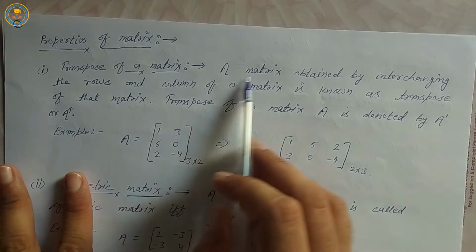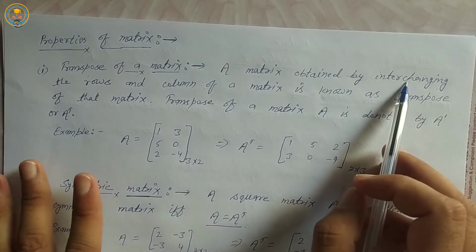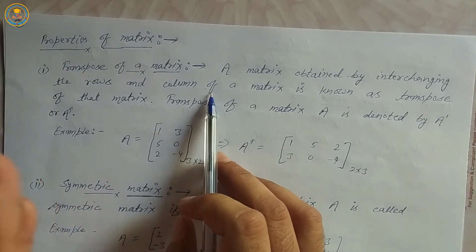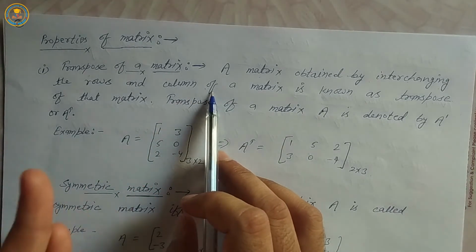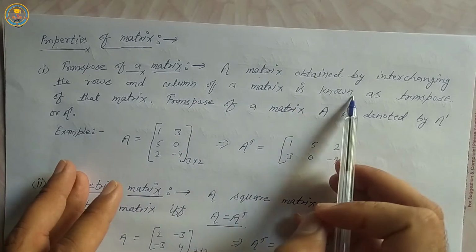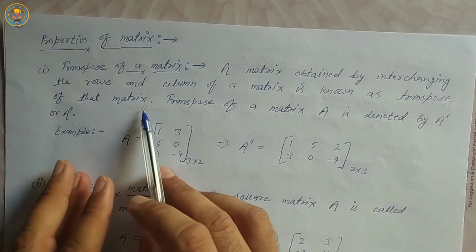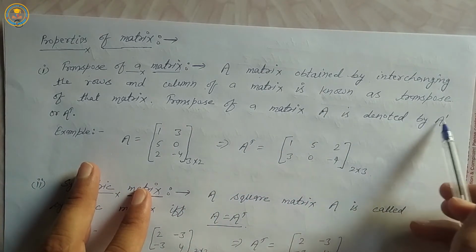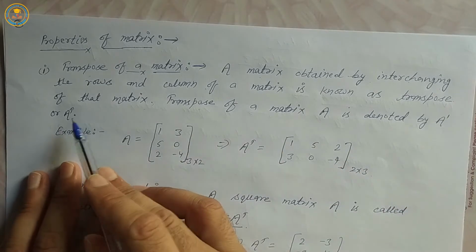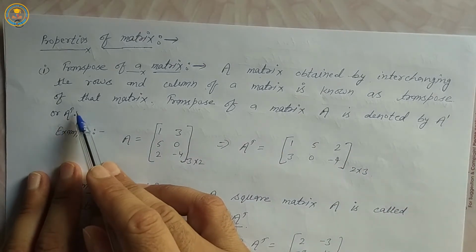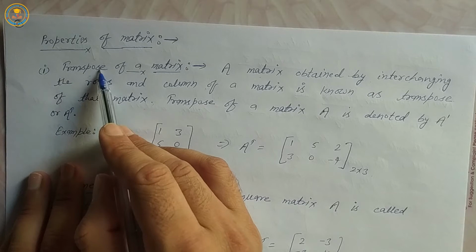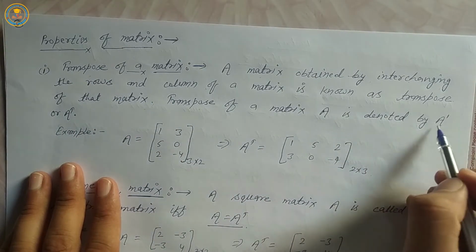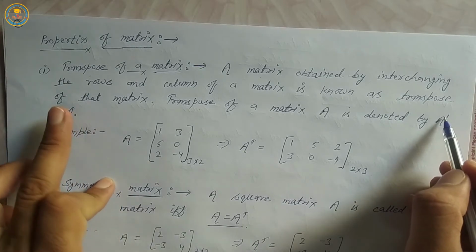Rows become columns and columns become rows. Transpose of a matrix A is denoted by A dash or A power T, where T means transpose.